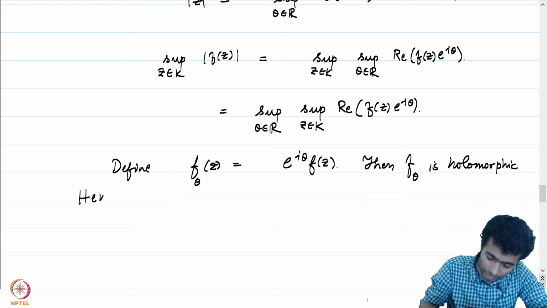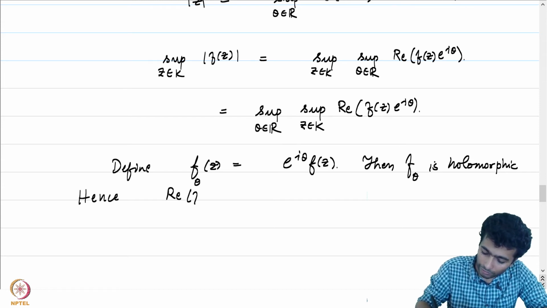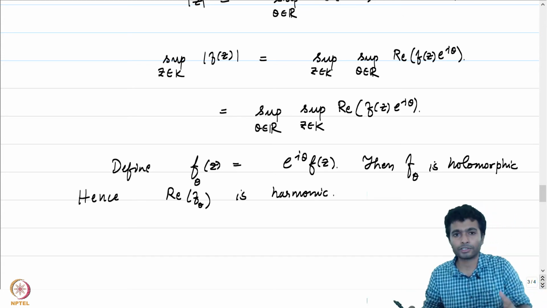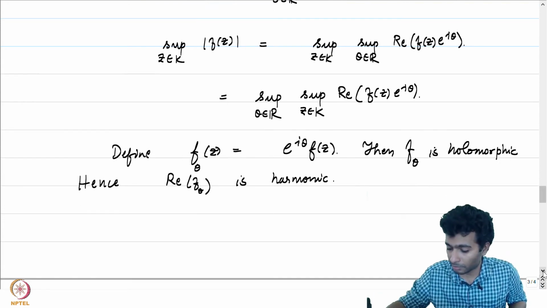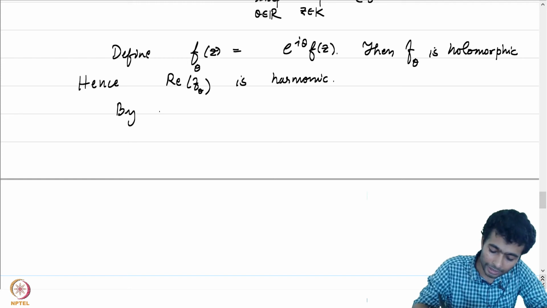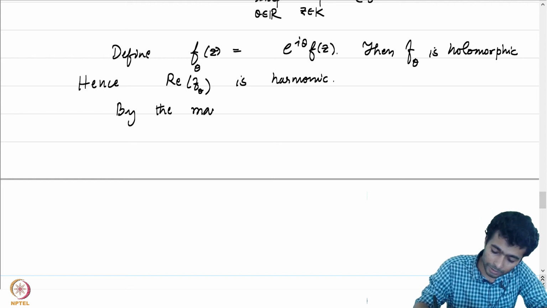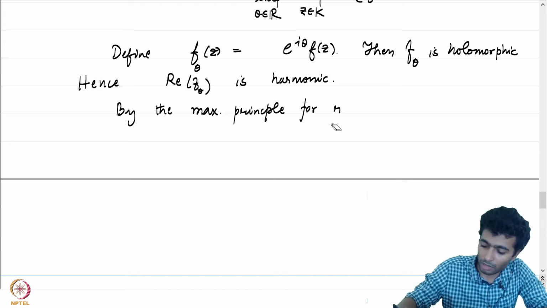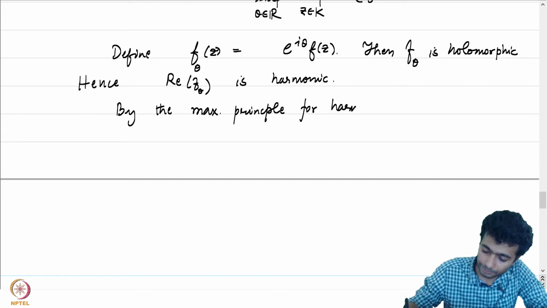And hence, the real part of the function f theta is harmonic. And what did we just prove about harmonic functions? We just proved the maximum principle for real valued harmonic functions.